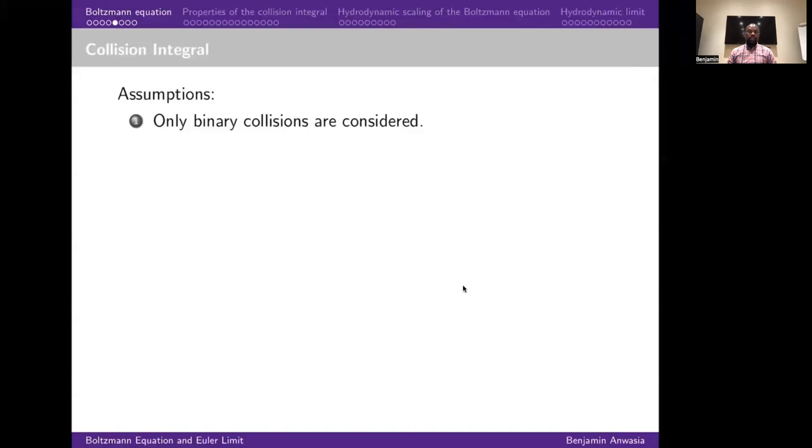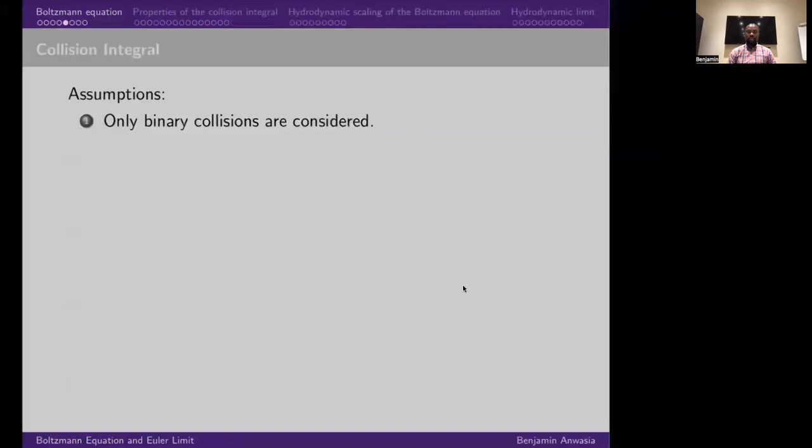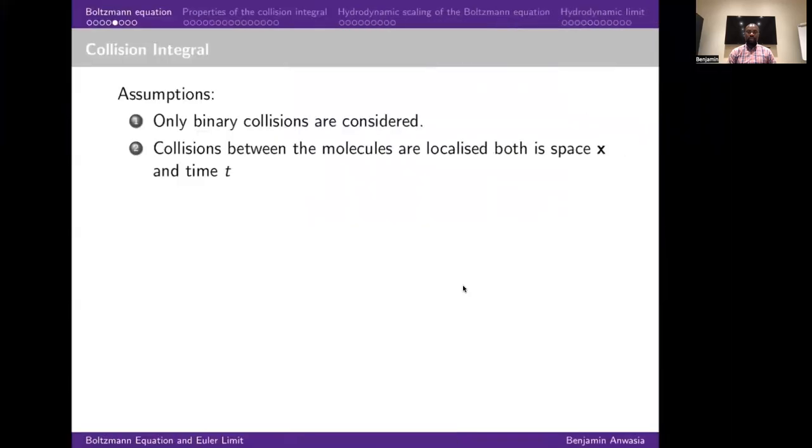This assumption simply means that collisions involving more than 2 molecules are not taken into account. 2, the collisions between the molecules are localized both in space x and in time t. This assumption simply means that collisions between the molecules are assumed to be brief events that occur at a given position x and at a given time t.